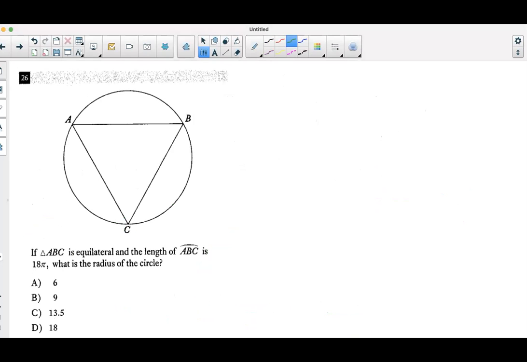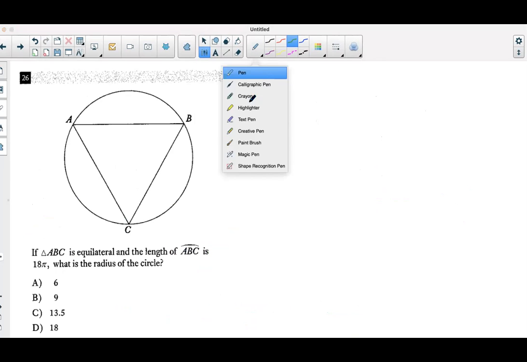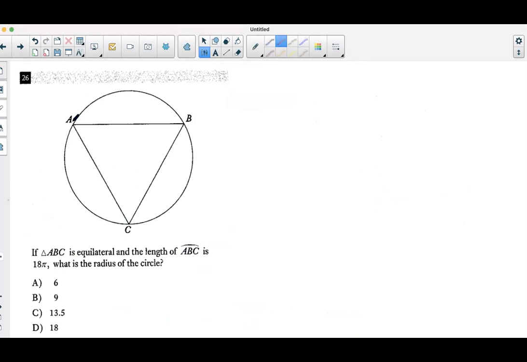So we have a triangle and a circle. It's an equilateral triangle. So if the length of the arc ABC is 18 pi, so that means I'm looking at this one, guys, here and here. What's the radius of the circle? Oh, okay.